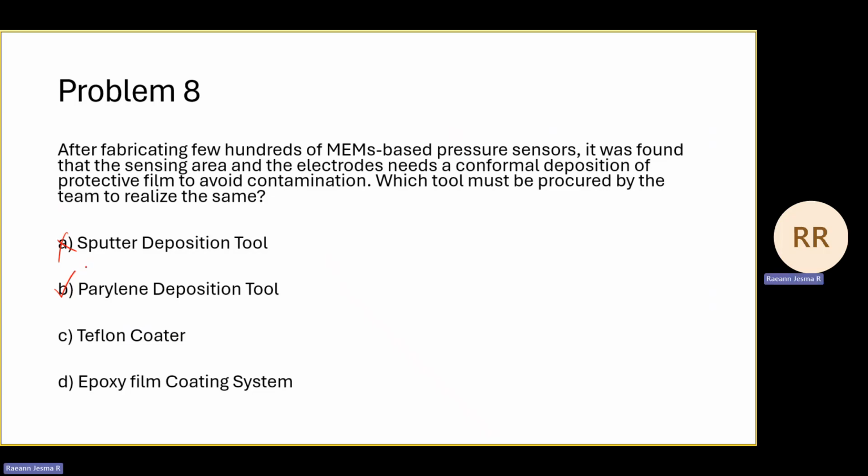The solid material is called a dimer. It gets sublimated without going into the liquid phase. Then in the gas phase, it forms a monomer at very high temperature, and this coats the desired MEMS device. Once we cool, the Parylene vapor turns into a polymer. So this is what happens in Parylene deposition.